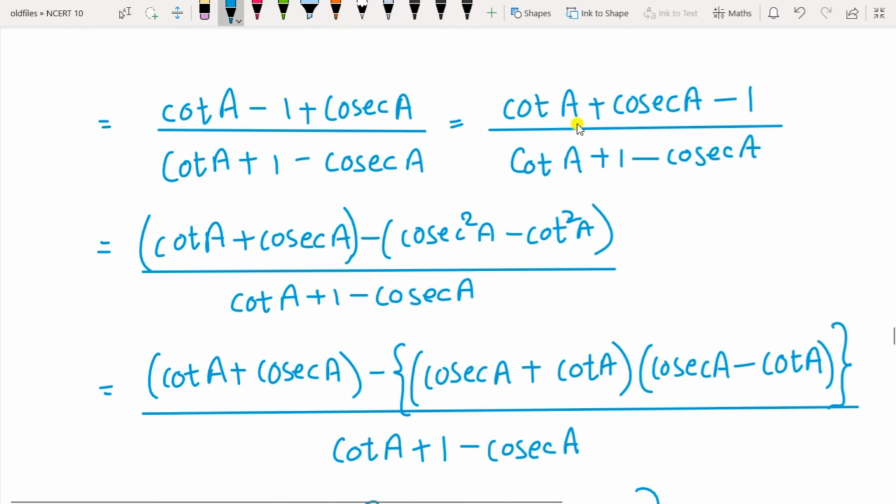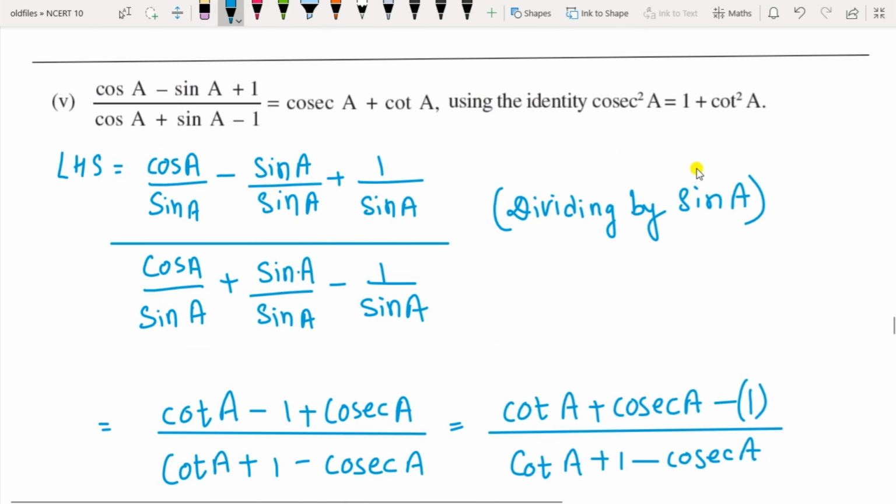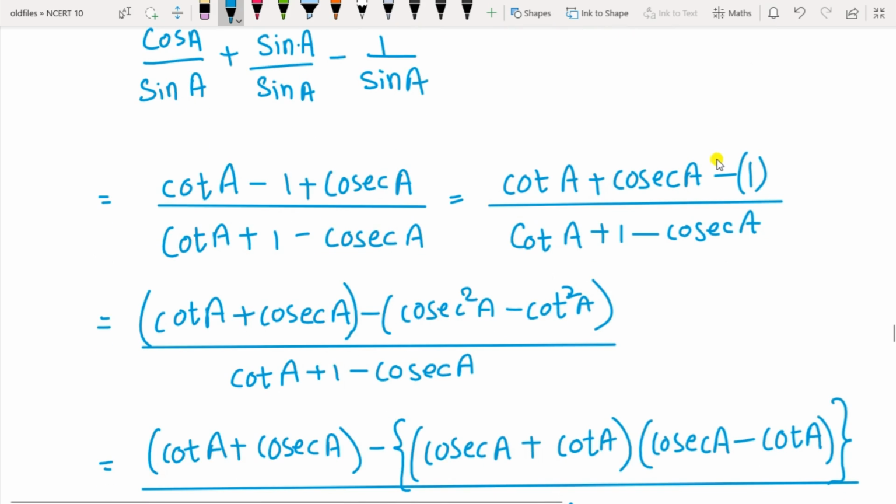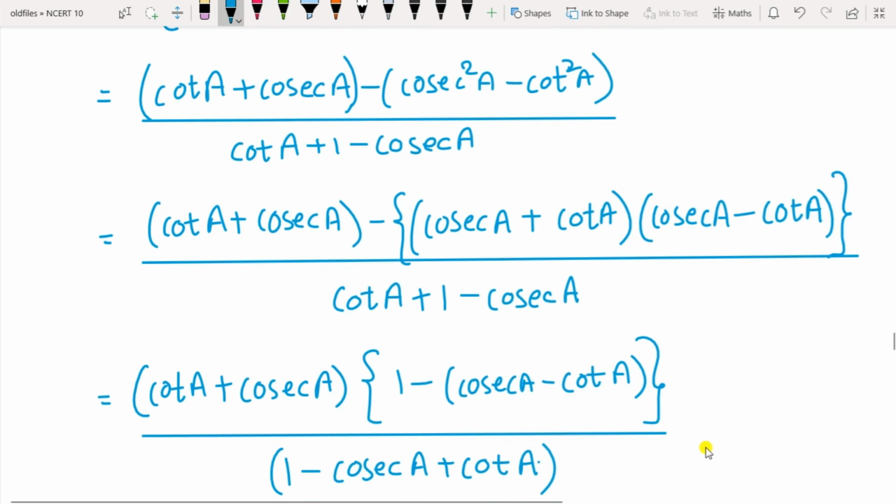Now in place of this 1, we will write the value as cosec square a minus cot square a using this identity that is given in the question. So in place of 1 we can write cosec square a minus cot square a. Okay. So now this becomes a square minus b square, it is a plus b, a minus b. Take out the plus term in common.